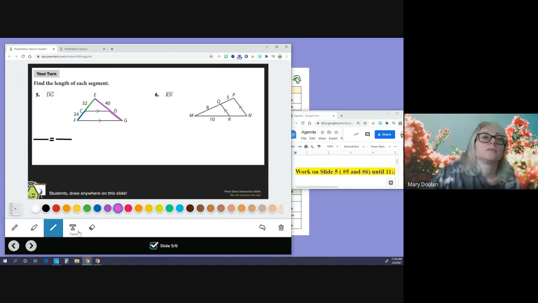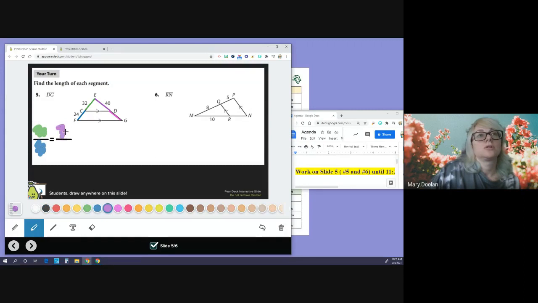Okay, so this is going to be a green number, green, blue, purple, pink.